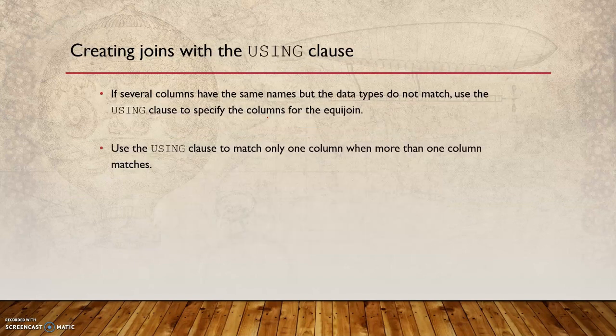And there is also something called the using clause. If several columns have the same name but the data types do not match, then the using clause specifies the column for the equi join. So use the using clause to match only one column when more than one column matches.